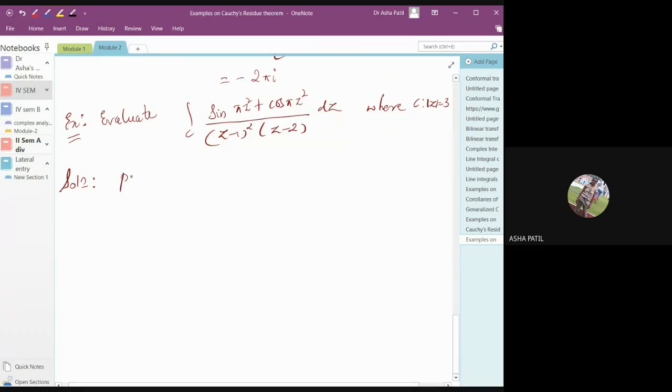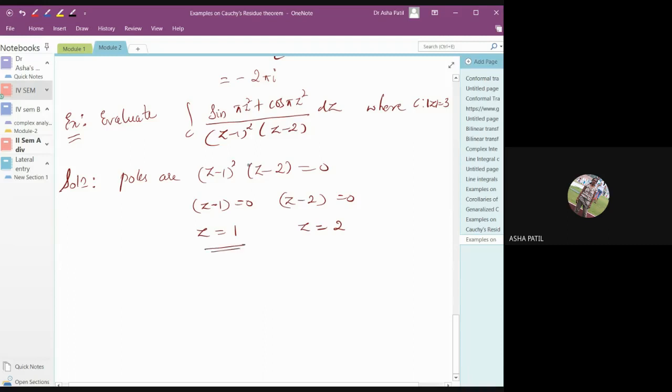The poles first, z minus 1 whole square into z minus 2 equal to 0, equate the denominator term to 0. So z minus 1 equal to 0, z minus 2 equal to 0. Whole square I have left because even though it is square, after taking square root, you will get it as z minus 1. So z equal to 1 and z equal to 2.